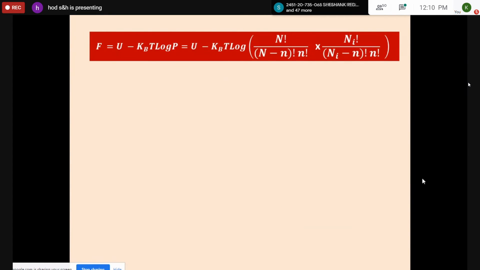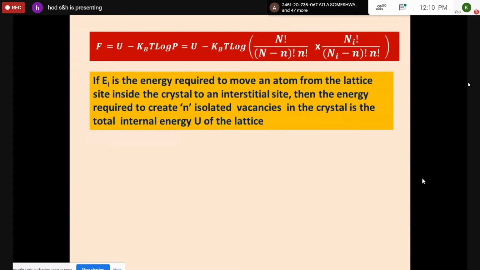Now F is equal to U minus kBT log of the same expression as S. And U can be replaced with n into Ei. Ei is the energy required to move one ion or atom from the lattice inside to the crystal surface.